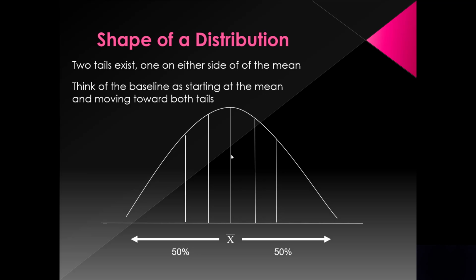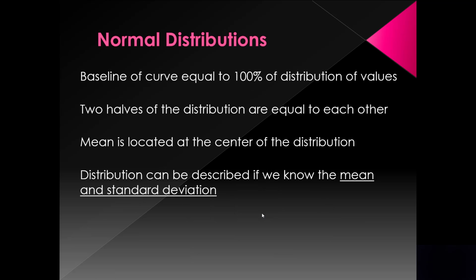But it is important. And I want to talk about the actual curve for just a second. The baseline of the curve is equal to 100% of a distribution of values, right? Just like we were working with standard deviation. When you had a column of numbers, that is a distribution of values.